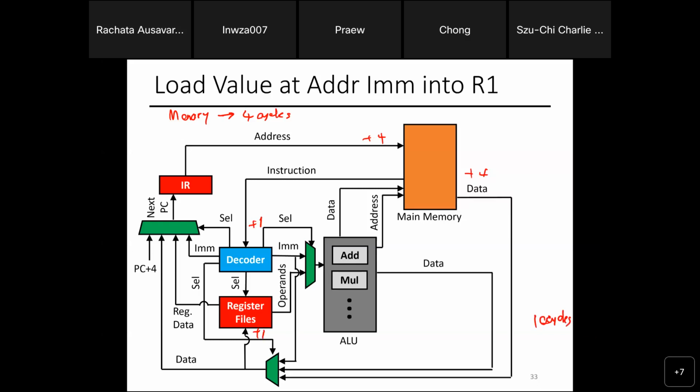Now, let's assume the same assumption. Any memory request takes 4 cycles, all right? But let's say I have to do an add. How many cycles do I take? Fetch, 4. Decode 1. ALU 1, update 1. So that's 7, right?